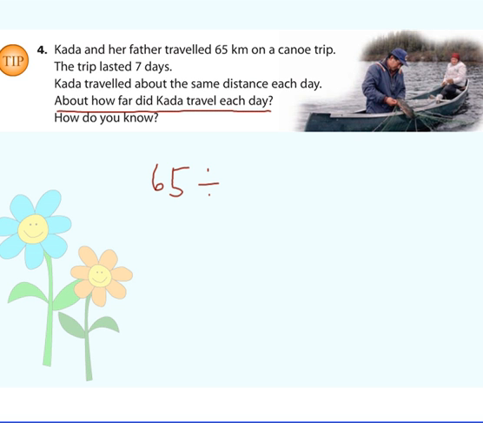So we're trying to figure out 65 divided by 7. Well, I know that 9 times 7 equals 63. That's close to 65. And so an estimate, because it says about how much, would be about 9 kilometers. So that's how you do question 4 using estimating quotients.